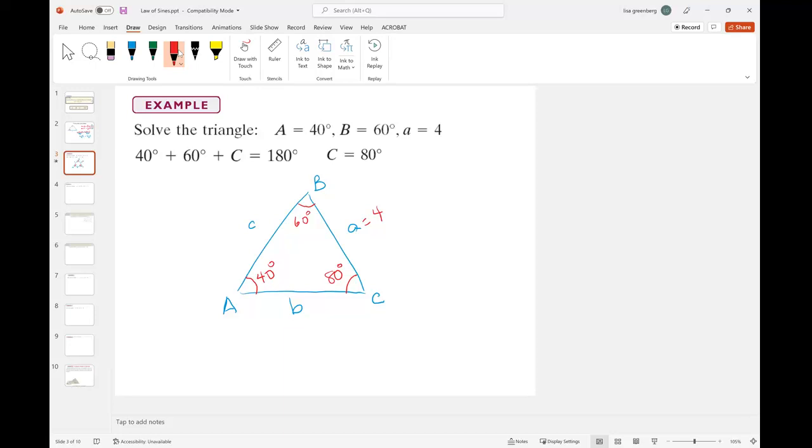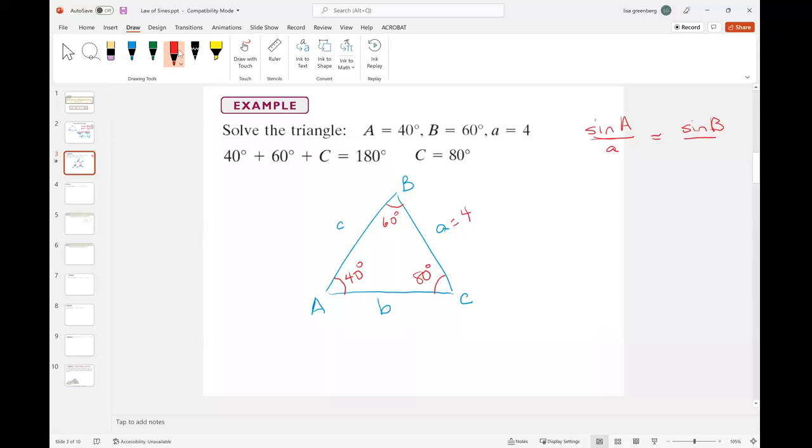So here, I'm going to have to use A because I have sine of A over A, and that's the only one that I have both variables. So I'm going to start by saying that the sine of A over A is equal to, and then it doesn't really matter, let's just say the sine of B over B. Okay, and so here we go.